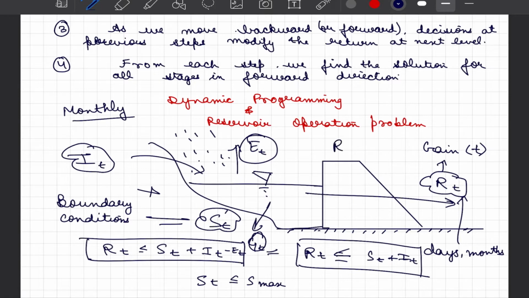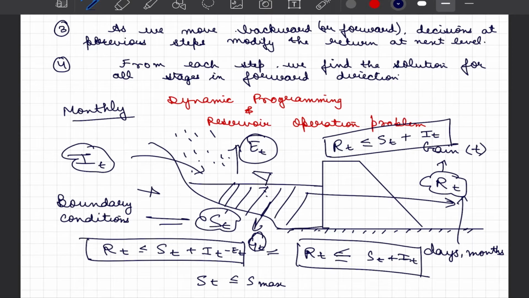That means our release at any time t has to be less than the amount of storage present in the reservoir plus the volume of precipitation, or inflow I_t, that we are going to get in that particular month. So this is an average constraint equation that should always be there: release at any time t should be less than the total amount of water available in the month.